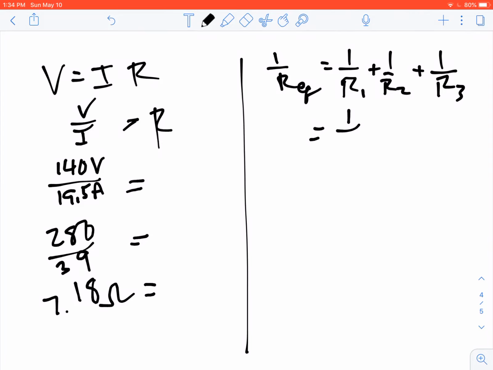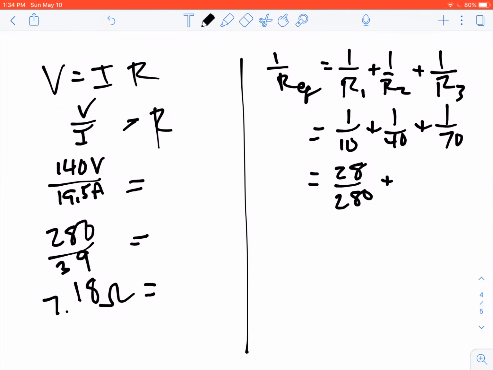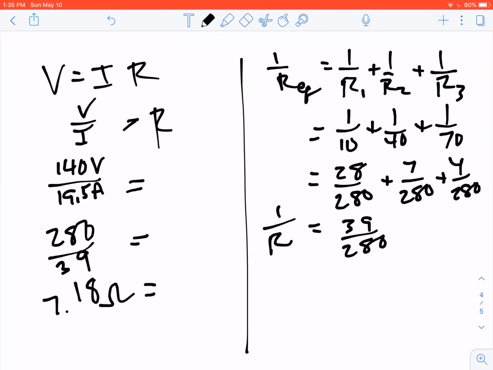All right, and on the other side, we can use the equivalent resistance formula. We get 1 over 10 plus 1 over 40 plus 1 over 70. So we're going to have 28 over 280 plus 7 over 280 plus 4 over 280 gives us 39 over 280 is 1 over REQ.